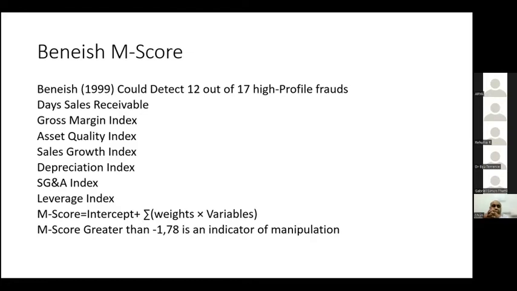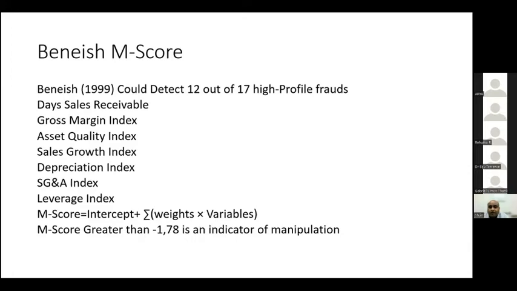So basically, what the M-score does is calculate days sales receivable index, gross margin index, asset quality index, sales growth index, depreciation index, selling, general and administrative expenses index, and leverage index. There is a standard weight for each of these variables, the coefficient value he got when he tested.